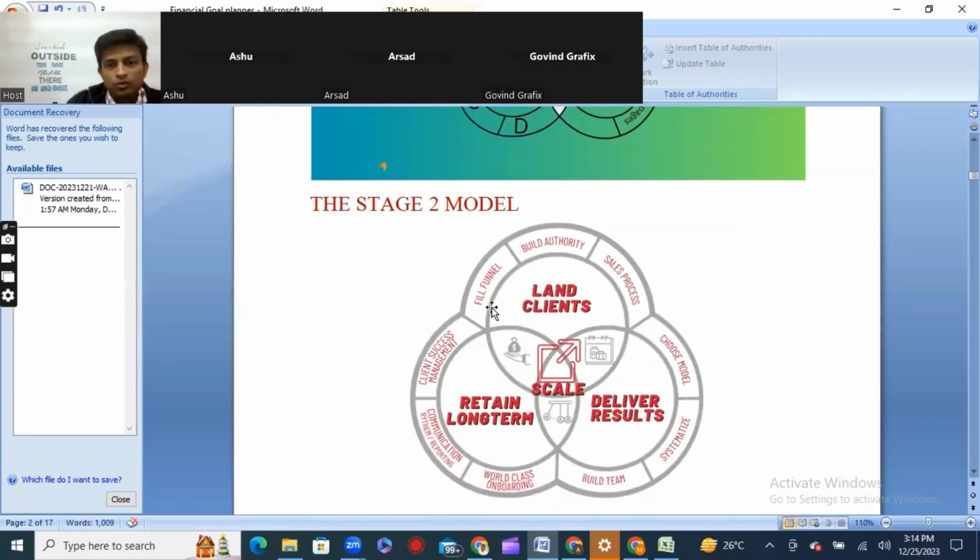First of all, we have to land the clients with funnels. We have to build authority and follow a sales process. Then for delivery, we have to choose a model, systemize it, build a team, and retain long term. This should be our focus.